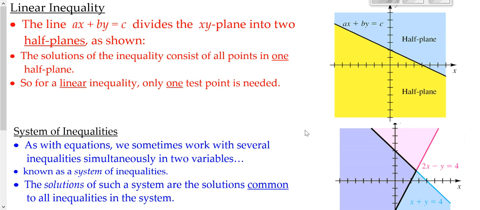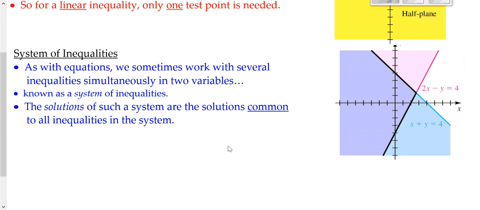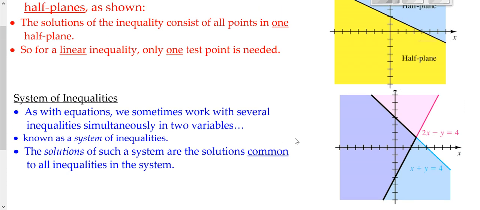If you are graphing a system of inequalities, your answer to that system of inequalities is the one region where both shaded regions work. If you're looking at this pink line here, you're shading above that pink line.